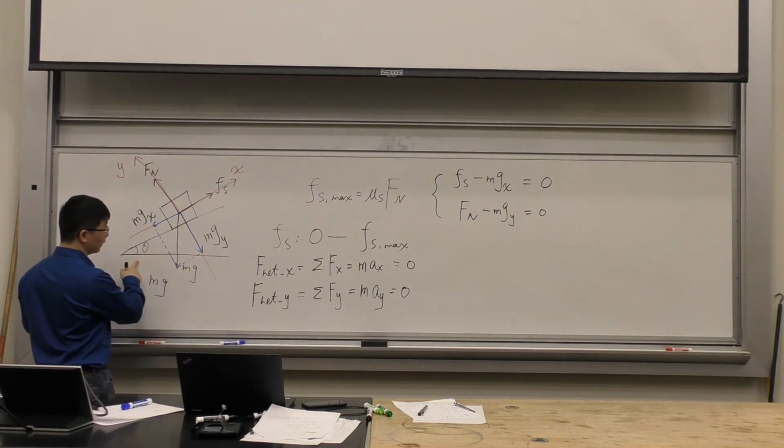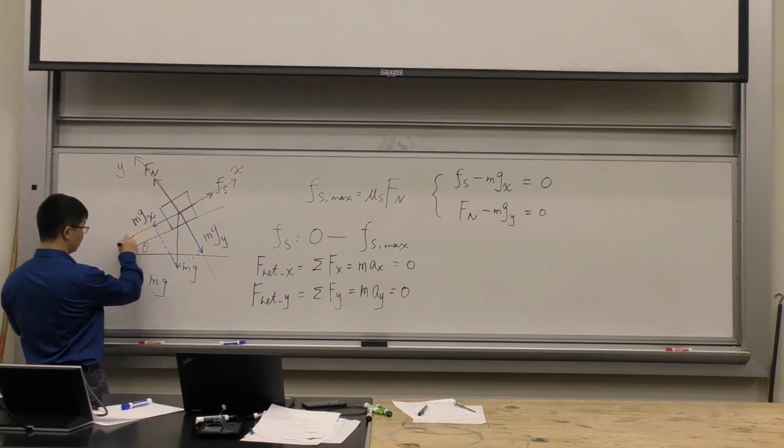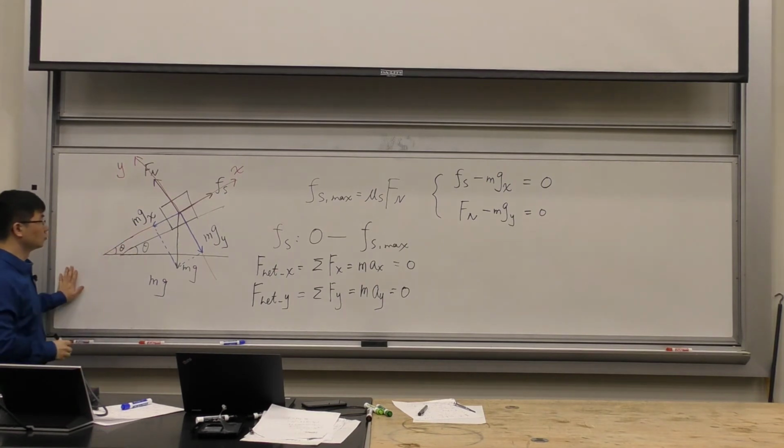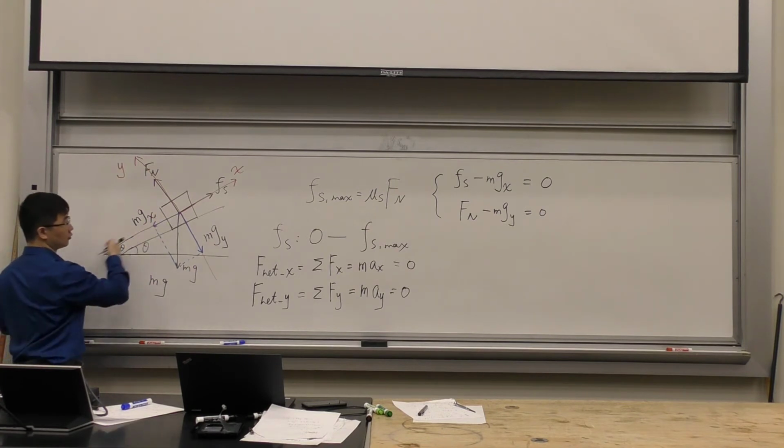So if this is a theta angle, okay, and then you can see that this is a theta angle, right? Because these two lines are the same line, parallel, right? If this is theta angle, this is theta angle, right?